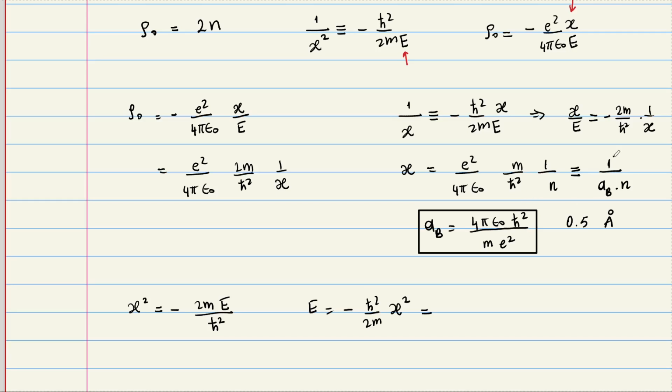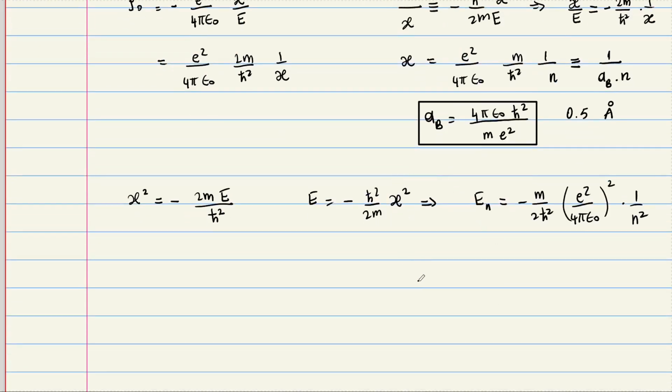We have kappa here. If we put all these numbers, let me just write what it is. E n is going to depend on n: minus m over 2 h bar squared, e squared over 4 pi epsilon naught, squared, times 1 over n squared.